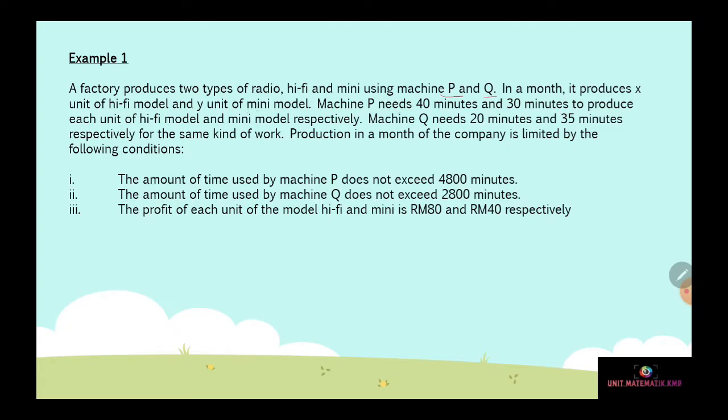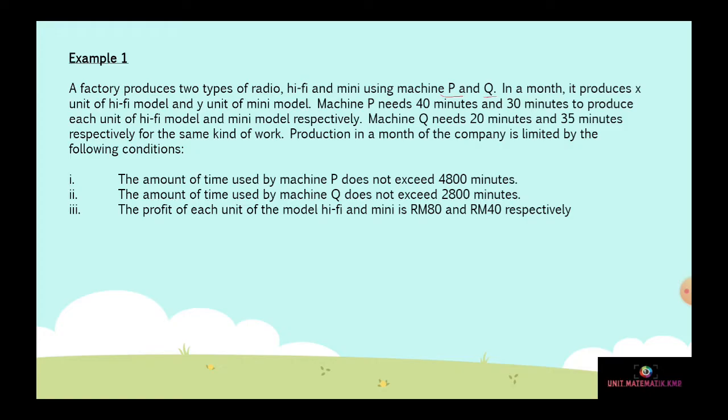Machine P needs 40 minutes and 30 minutes to produce each unit of hi-fi model and mini model respectively. Machine Q needs 20 minutes and 35 minutes respectively for the same kind of work.